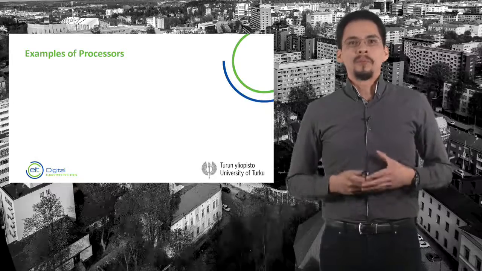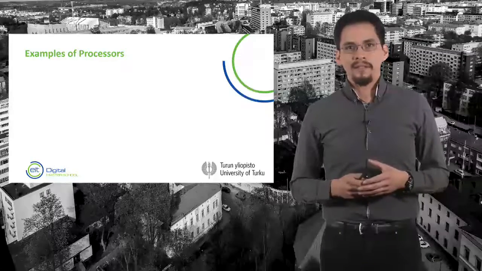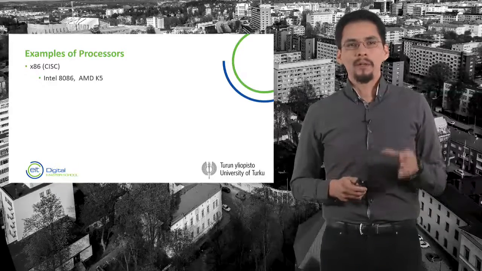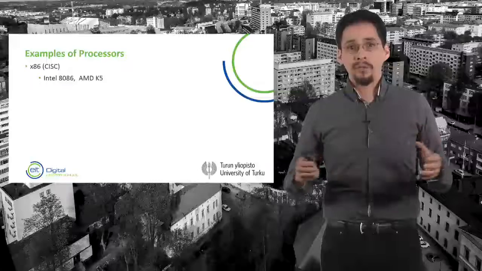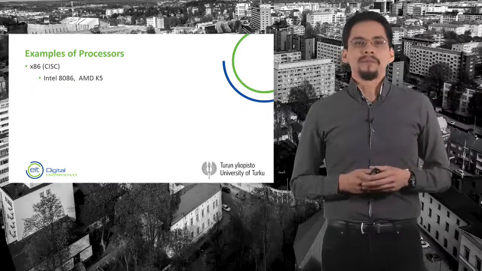One of the most prominent representatives of CISC is Intel's x86 processors. Though in this course we are not targeting this kind of big general processors, I could not leave it unmentioned.